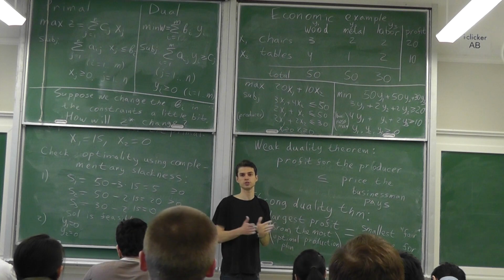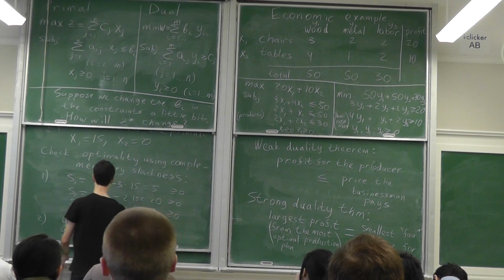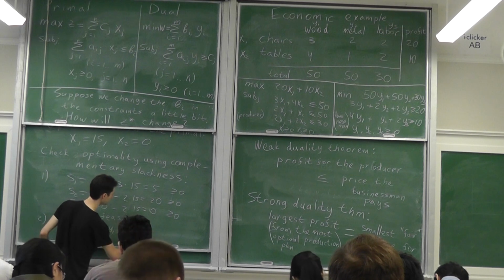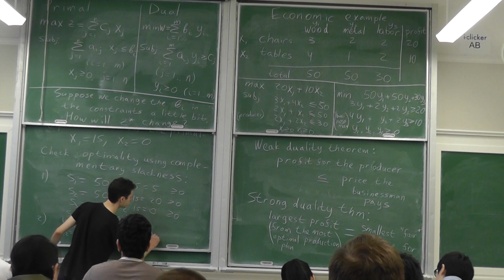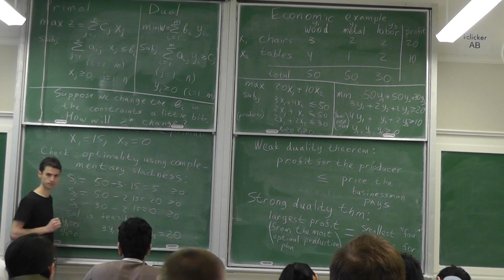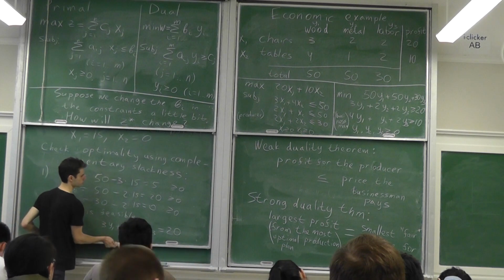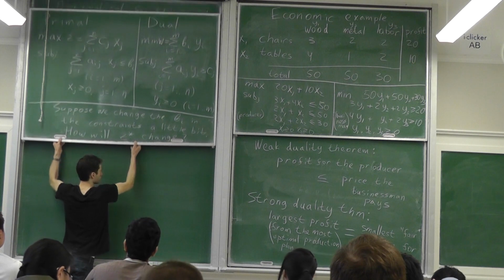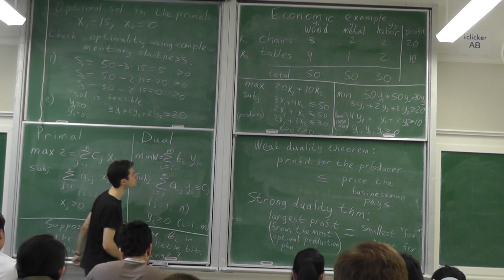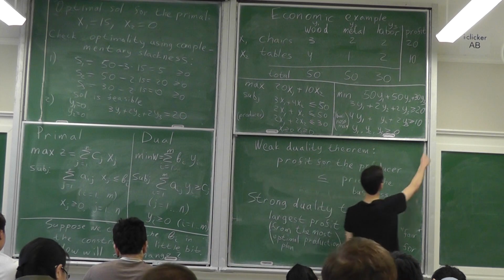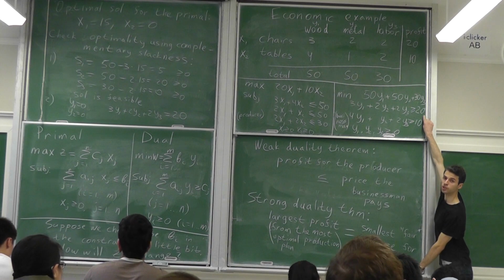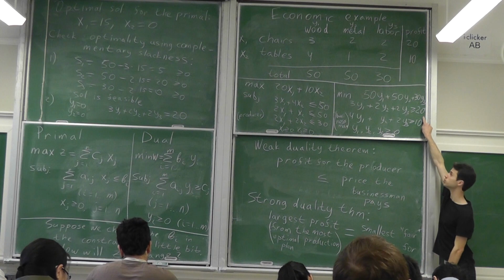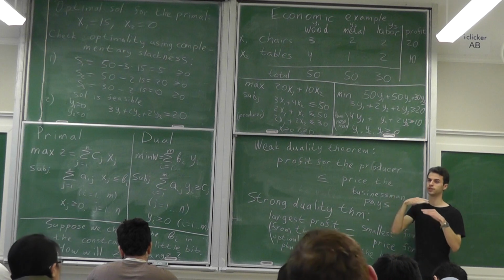Now we know there is no slack, so there should be equality: 3y1 plus 2y2 plus 2y3 must be equal to 20. So the slack variable corresponding to this constraint must be equal to 0, so this inequality must be an actual equality.